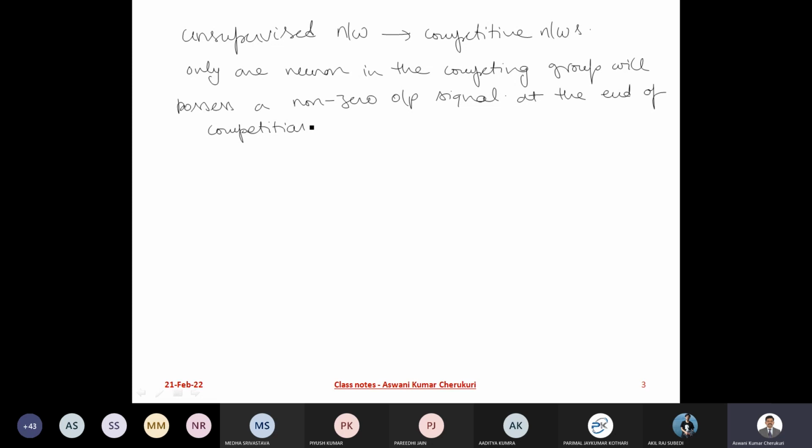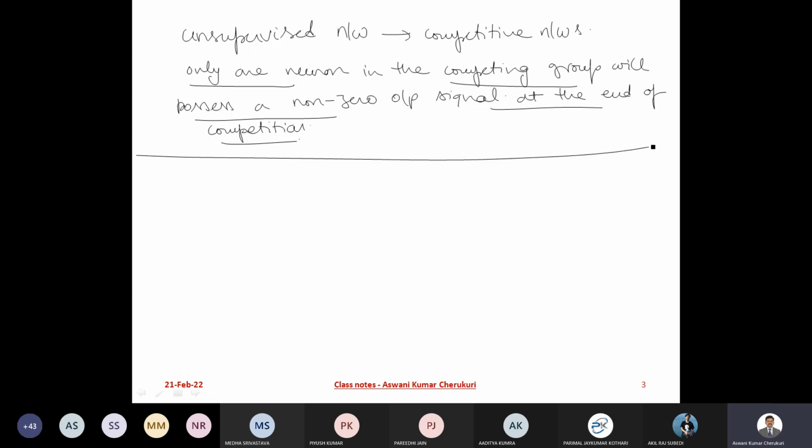So that particular winner neuron and also the corresponding radius of neurons will provide the output. But essentially, in the competing group, only one neuron or the radius of neurons, depending upon the architecture, will possess the non-zero output signal at the end of the computation. That's what is called a competitive network.